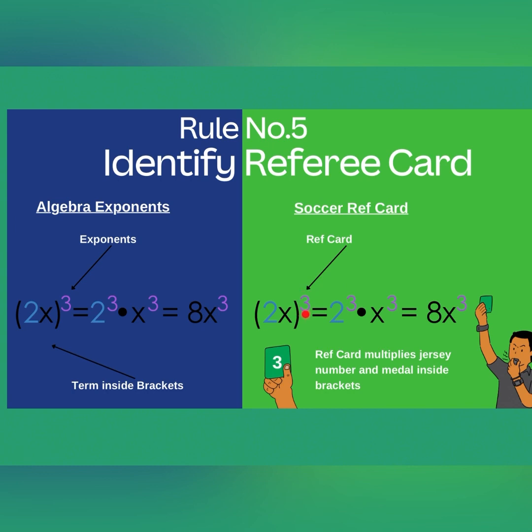Now this referee card must multiply the medals inside the brackets. It must multiply the medals inside the brackets, and it will multiply the invisible 1 medals. We might not see them, but we have invisible 1 medals here. And that's why we have an equal sign 2 to the cube times x to the cube, and ultimately 8x cube.